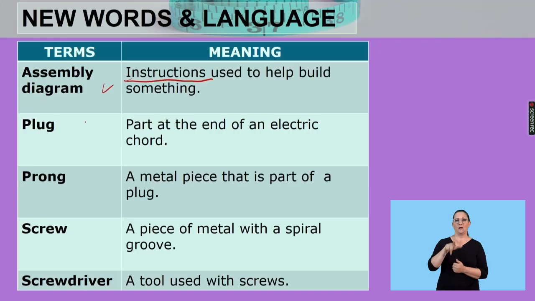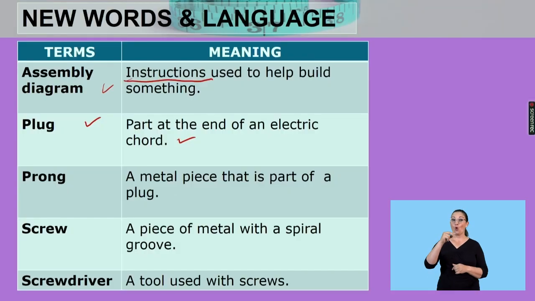What is a plug? The plug is part of the end of an electrical cord. Let's say if you have a kettle, that little piece goes into the wall, you switch it on, power comes on. That's the plug. A prong is a metal piece that is part of the plug.